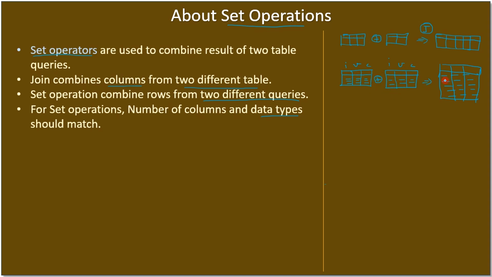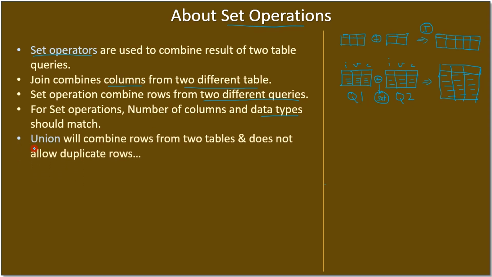If that's the case, then you can apply a set operation on two different tables, or we can say the result of query 1 and the result of query 2, providing that they match in data types and number of columns.